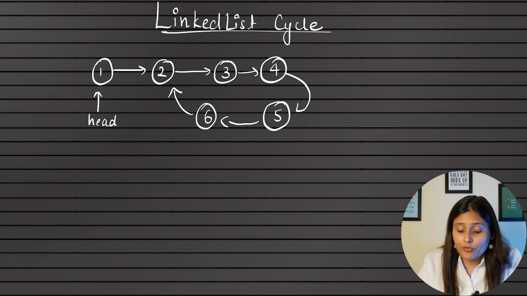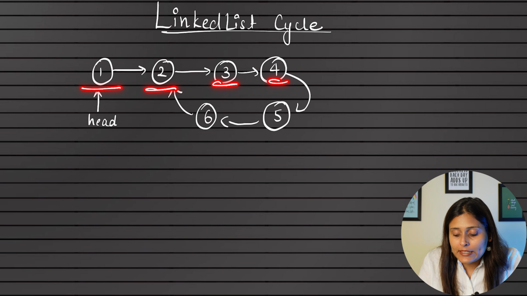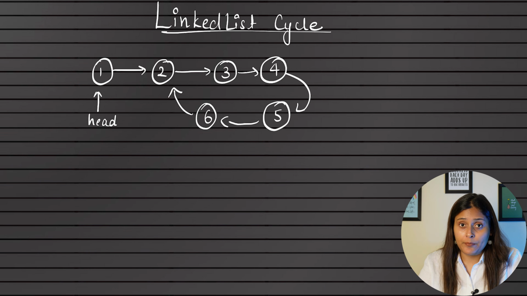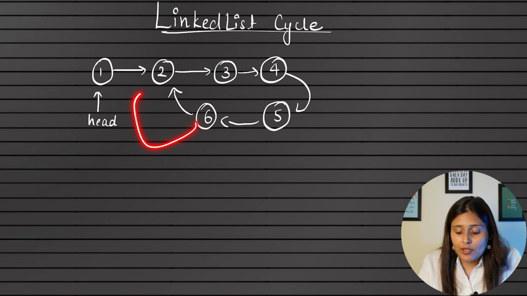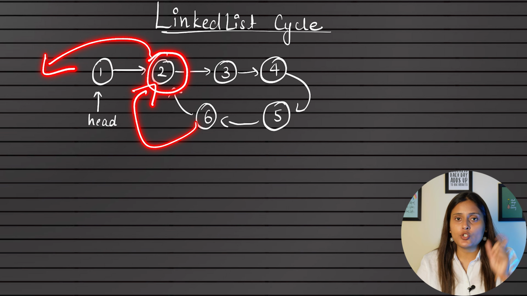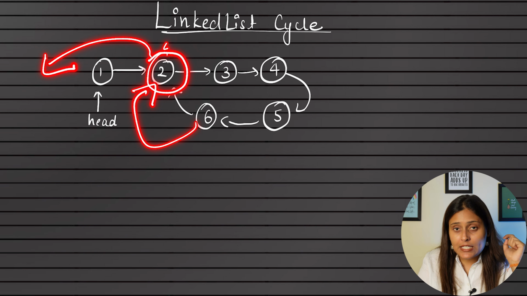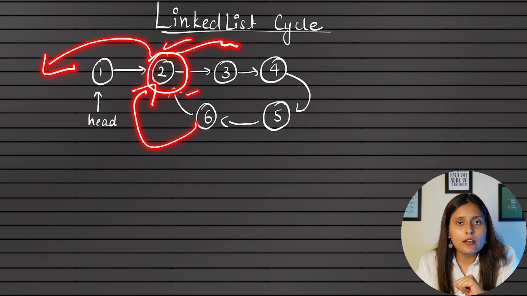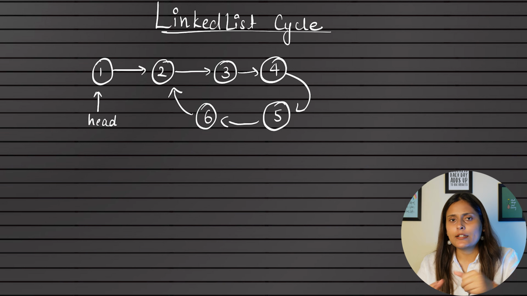So don't you think if we store all these visited nodes somewhere, and next time if we are visiting again, then we can check from our storage, hey, did we visit this node earlier? If yes, it means there is a cycle, means return true, or else return false.